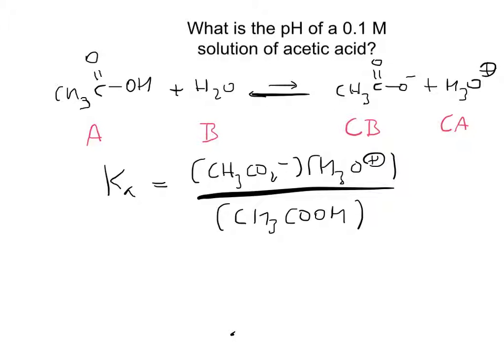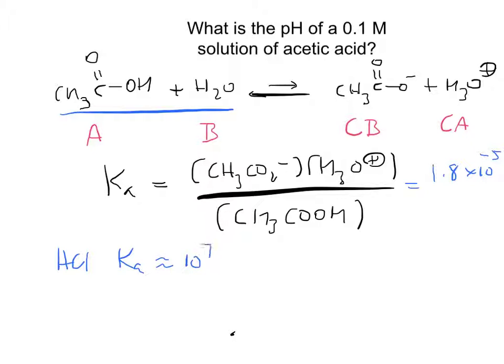The equilibrium lies on the left-hand side of this equation, and numerically Ka is 1.8 times 10 to the minus fifth. So that's a weak acid. By comparison, HCl is a very strong acid, which has a Ka of around 10 to the seventh, so about 12 orders of magnitude stronger than our very weak acid, acetic acid.